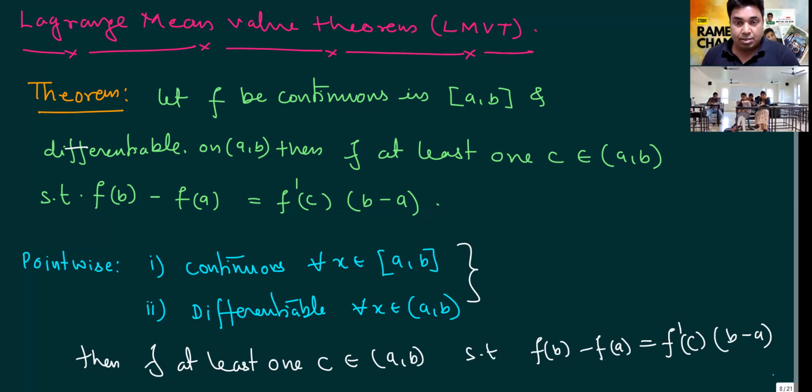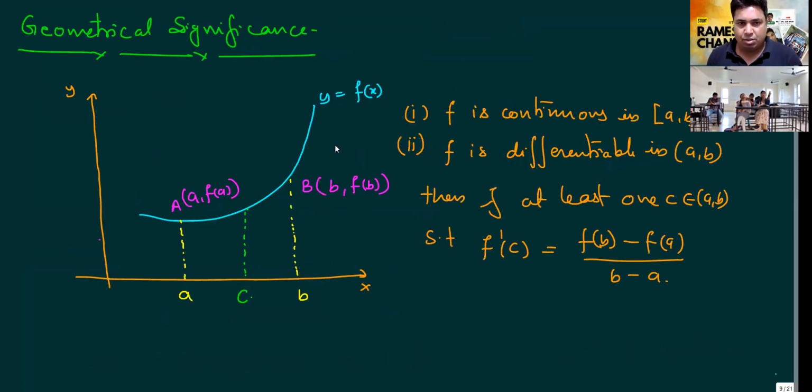Clear? Let's understand it by its geometrical meaning, the geometrical significance. Just draw a figure of function y equal to f of x, with x-axis and y-axis. On the x-axis, we are plotting a and b.